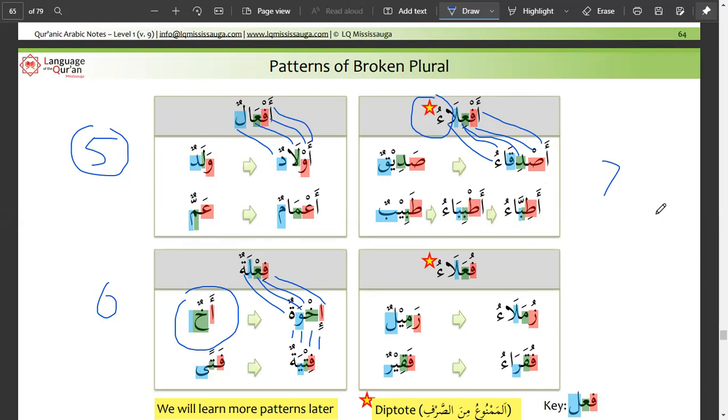Here are 2 ba, ba and ba. So what we do, we write these 2 ba together: we write 1 ba and give it tashdid, shadda. So it becomes atibba'u. Atibba'u is on the pattern of af'ila'u.